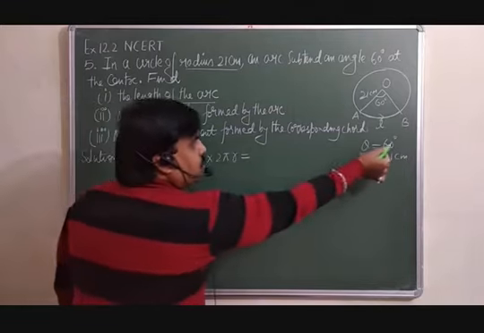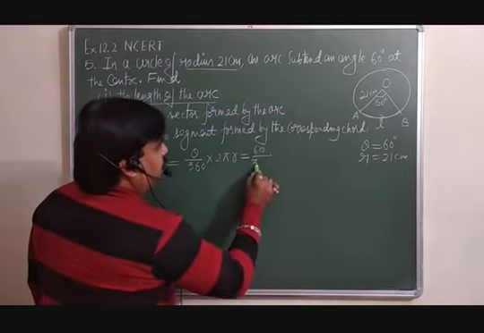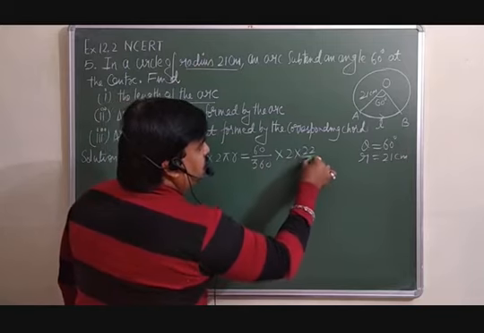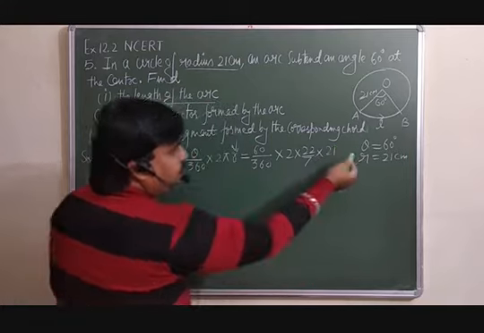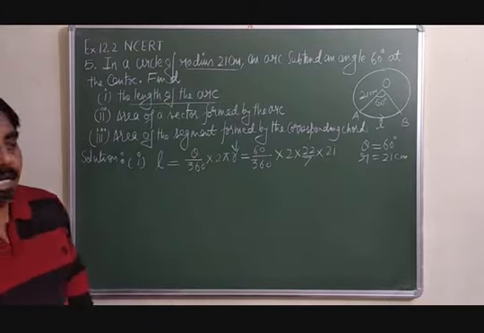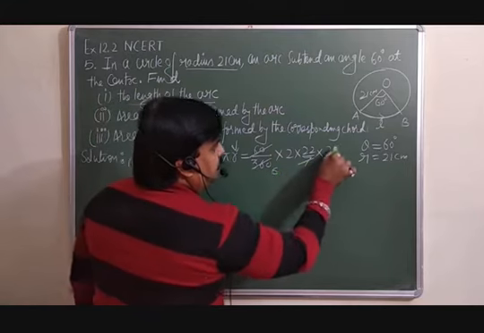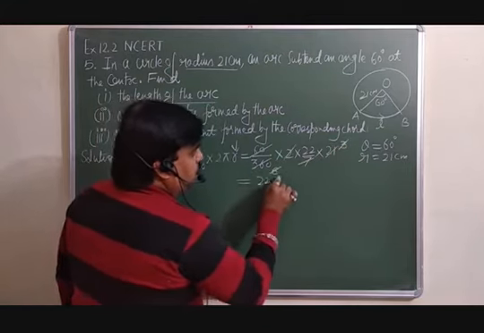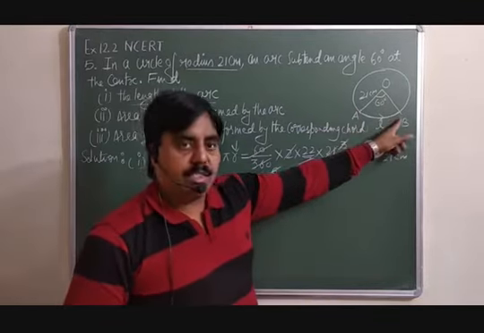Theta is 60 degrees, over 360, into 2 into pi, you can put 22 over 7, and the radius is given as 21. Calculate this and you will get the length of the arc. Just see, 6 7 3 3 2 6, so you are getting 22 centimeter. This is the length of this arc.